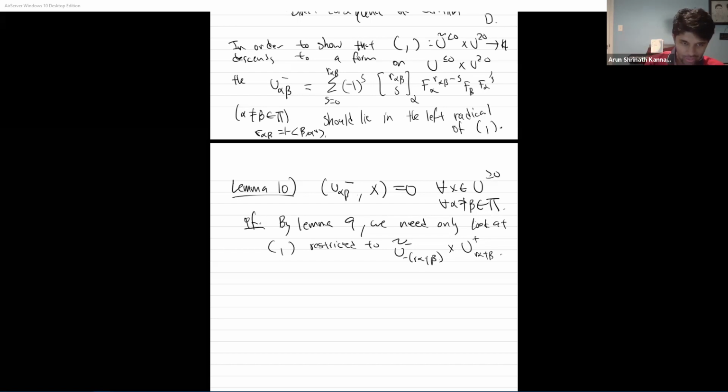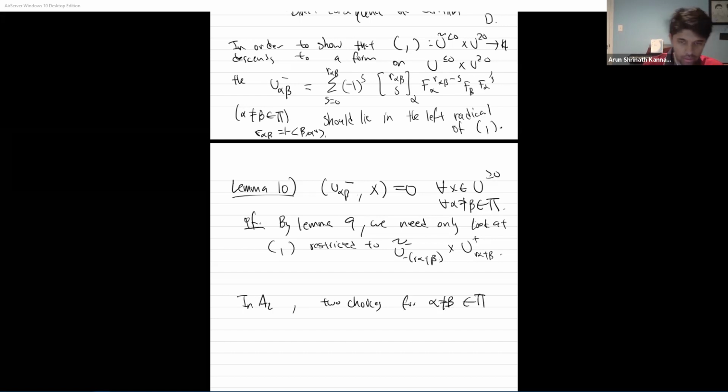Okay, so in the type A2, you have two choices for alpha not equal to beta simple roots. By symmetry, you can just pick one of them.